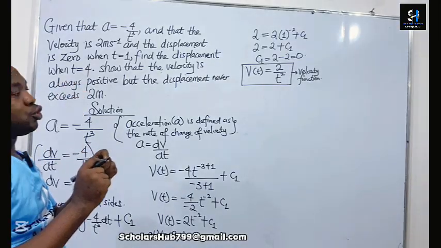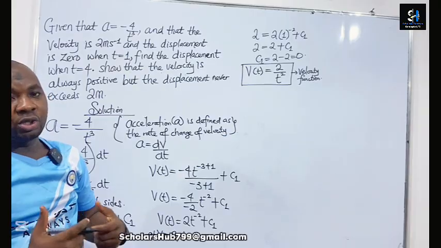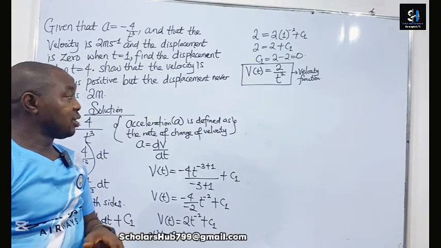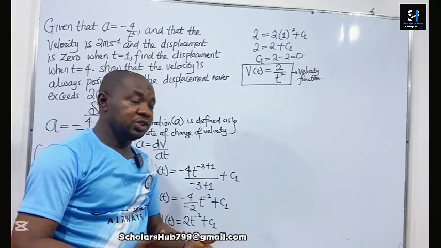Now, to be able to derive the equation for the displacement function, like I said, we need to use the fact that velocity can be defined as the rate of change of displacement.